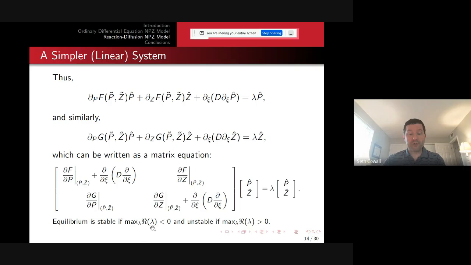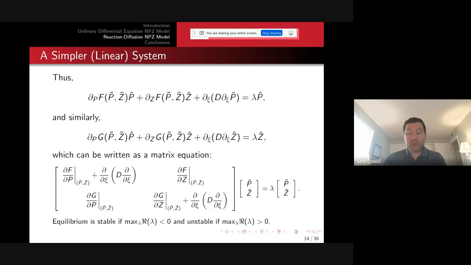If the largest real part is negative, that means all the real parts are negative, and thus we have a stable equilibrium. But if even one of them has a positive real part, then we have an unstable equilibrium. So that tells us something.